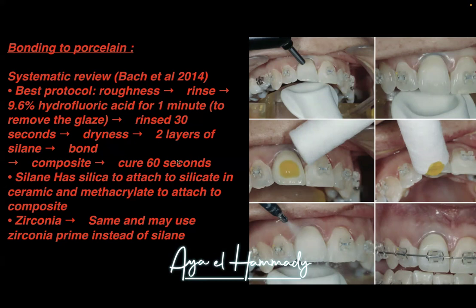Then I'm going to apply the composite and cure for 60 seconds. If it's a zirconium crown, we are going for the same procedures, but instead of using silane bond, we are going to use the zirconium prime bond, okay?